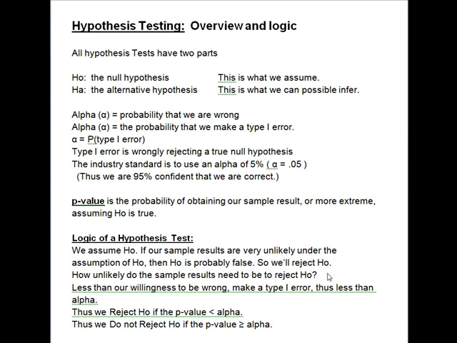So we'll reject H0. How unlikely do the sample results need to be to reject H0? Basically less than our willingness to be wrong, less than making a type 1 error, less than alpha. So here are the rules: we reject H0 if the p-value is less than alpha, and we do not reject H0 if the p-value is greater than alpha.